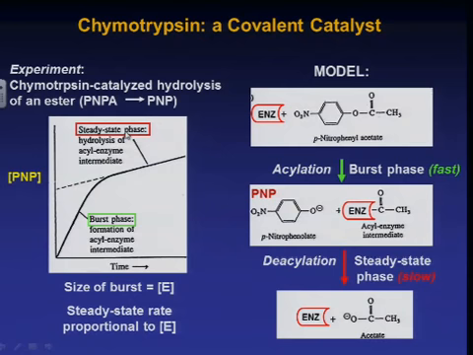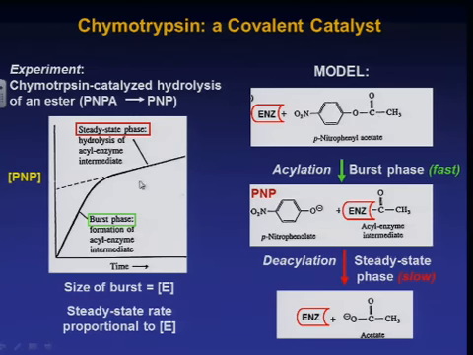When they do the experiment at different enzyme concentrations, they would find that the size of this burst, in other words, how high up that goes, was always equal to how much enzyme they put in. So if they put in more enzyme, you would still see the same burst like this, but it would just go higher before it plateaued.